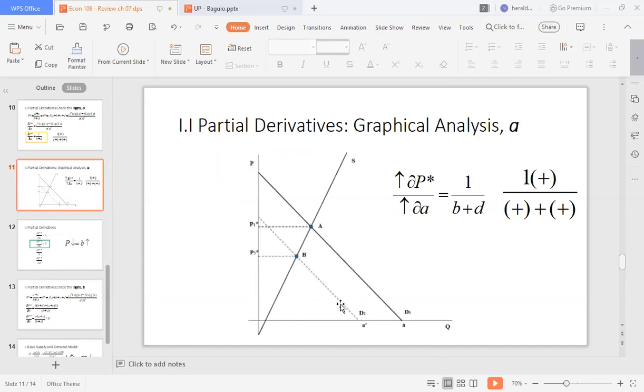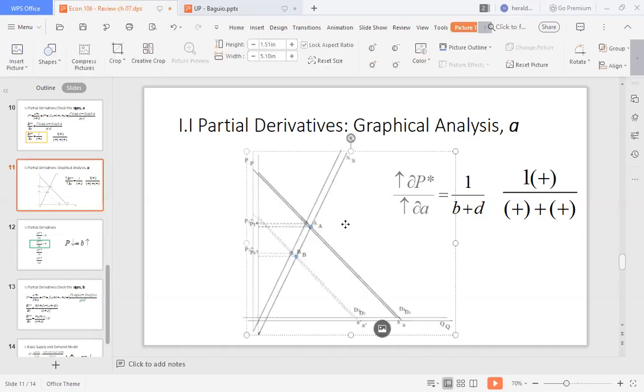Again, A was our intercept in the demand function. So because the total effect was positive, the partial derivative is also positive. It means that in the graph, we start off with the point A at P1 star, and if there is an increase in A, there would also be an increase in P.